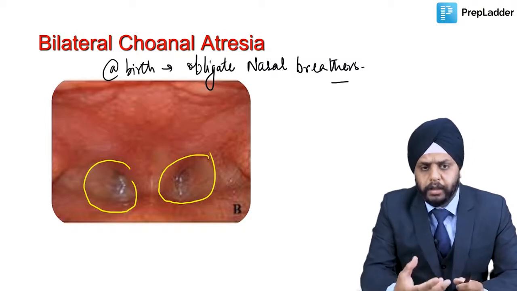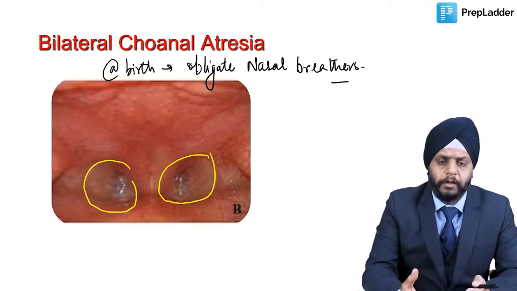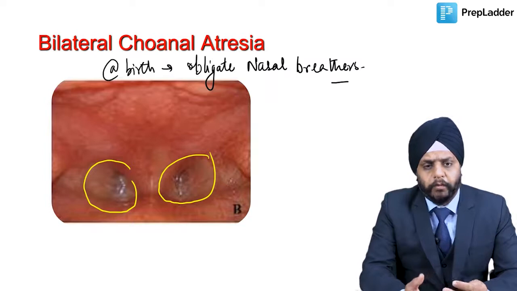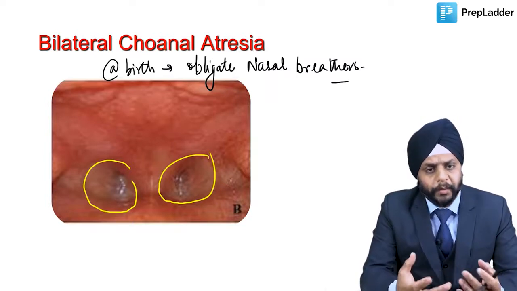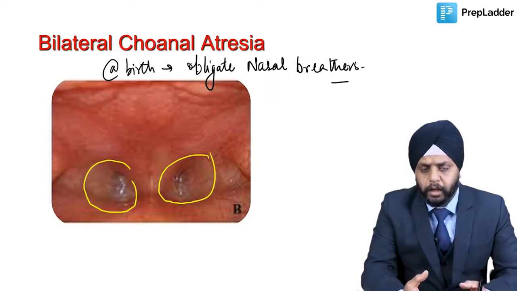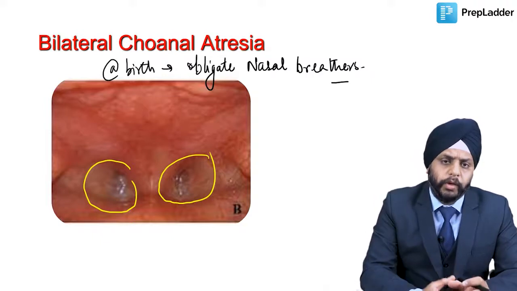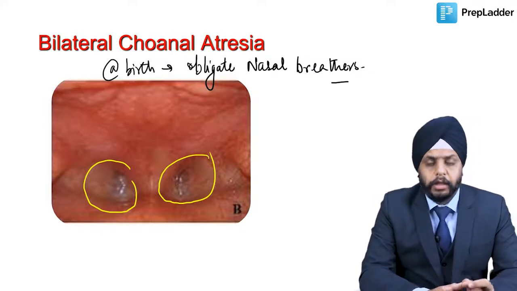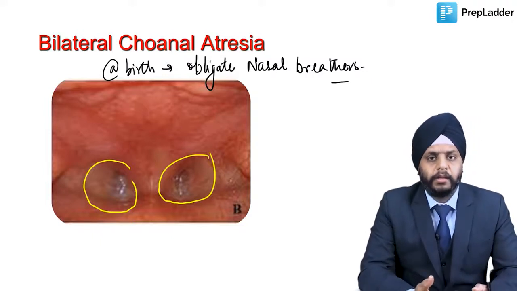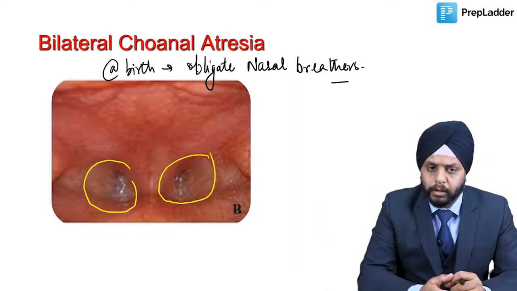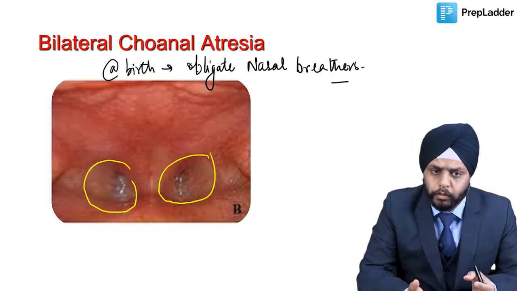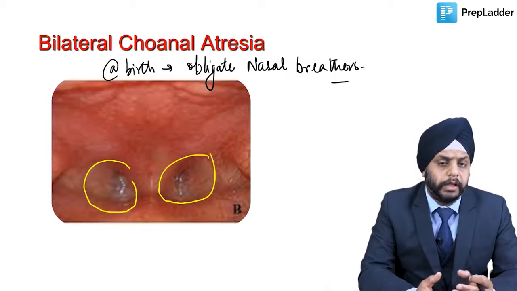The mouth breathing we learn after 1 month of age, after 4 weeks, and that comes by practice. So at the time of birth, we are only obligate nasal breathers. Now in this patient, the nose is blocked, so the child cannot breathe through the nose. He has not yet learned to breathe through the mouth.